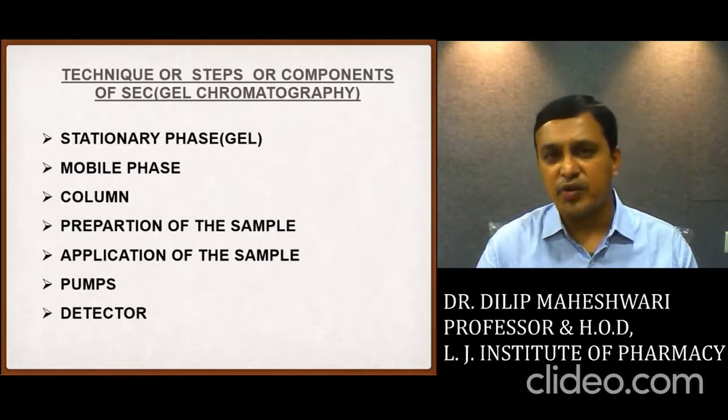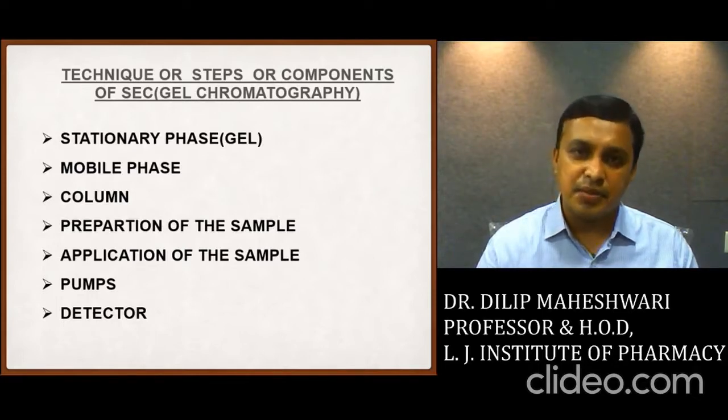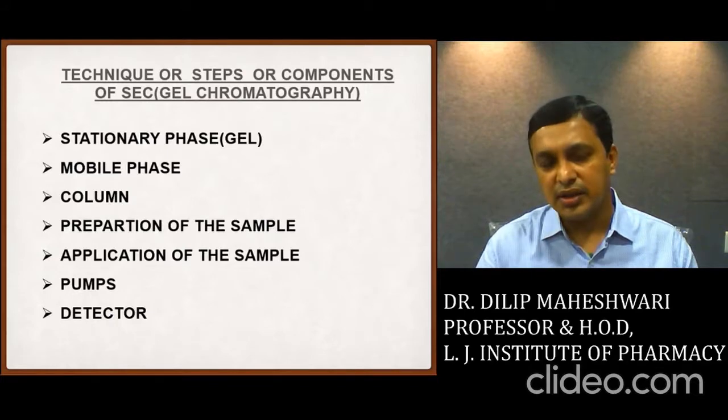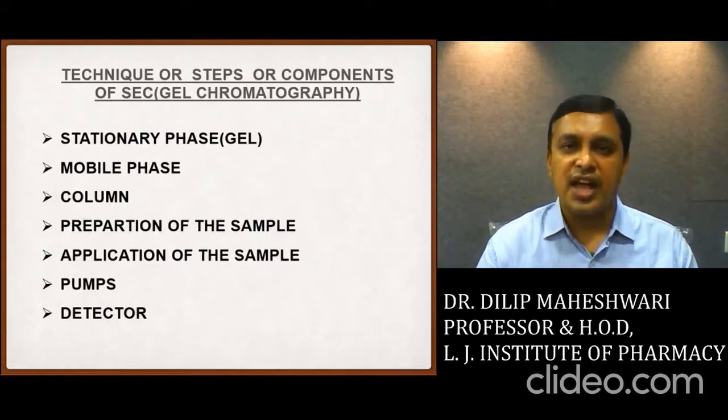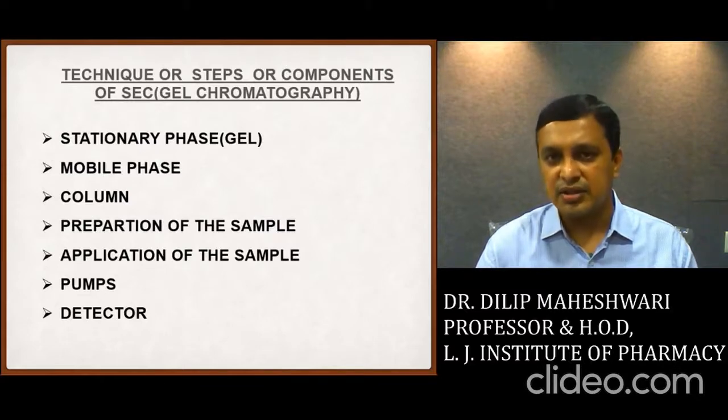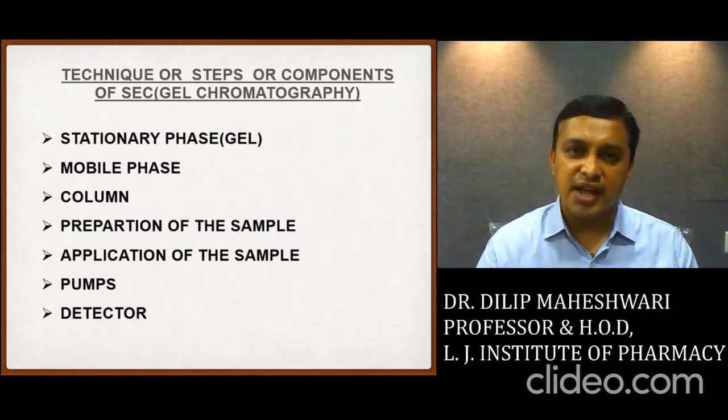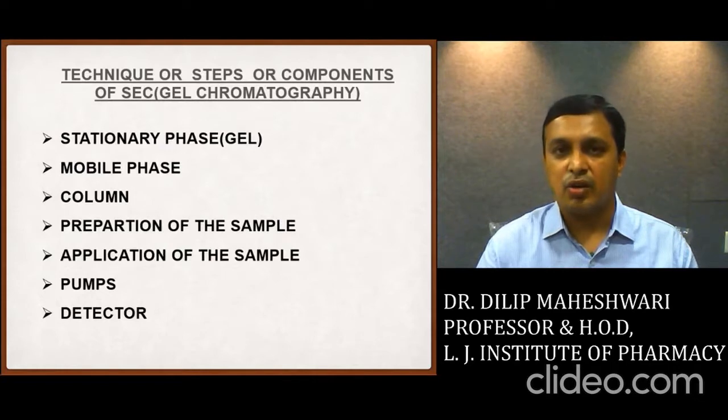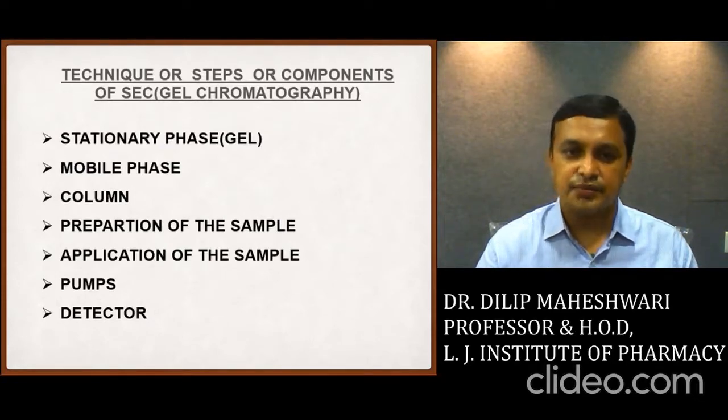After preparation, your sample is applied on the top of the column, with the help of a burette, micropipette or pipette, once your stationary phase is ready.